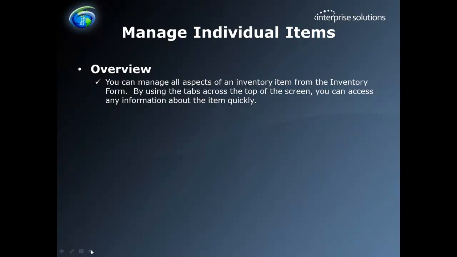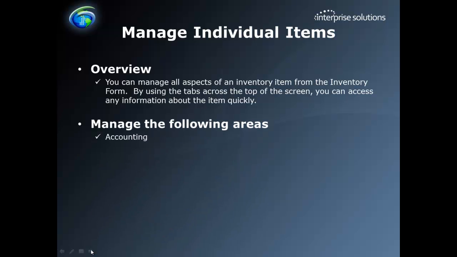You can manage all aspects of an inventory item from the inventory item form. By using the tabs across the top of the screen, you can access virtually any information about that item very quickly. Some examples of information that you can check are accounting, costing, pricing, and store and warehouse locations.